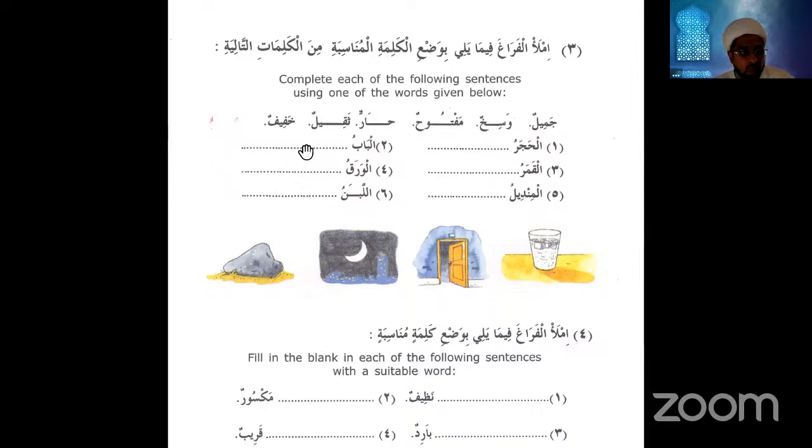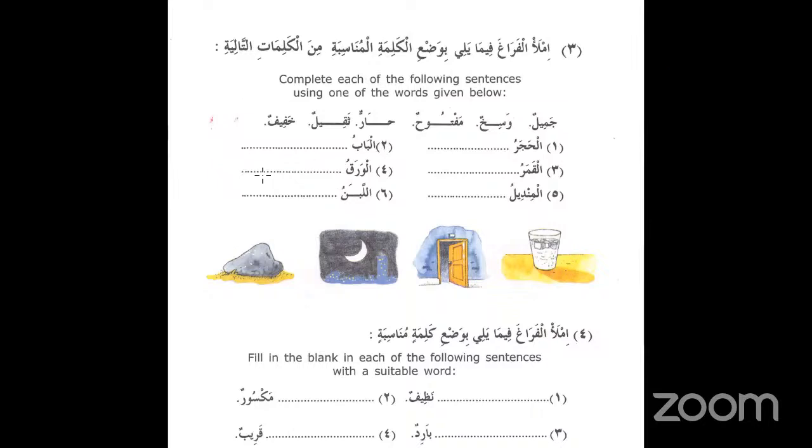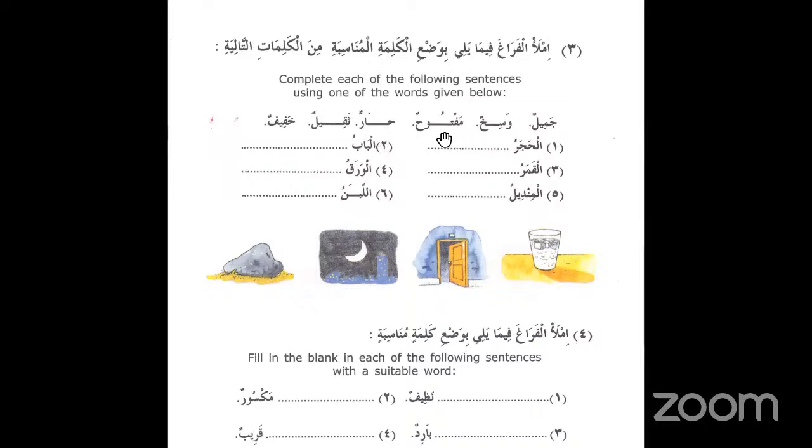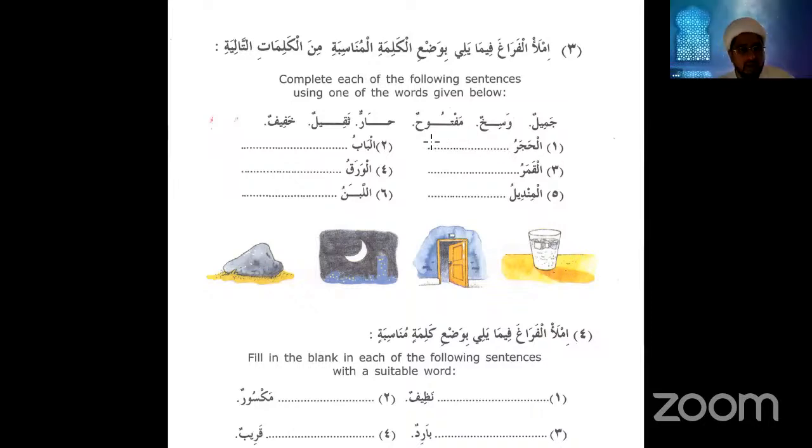Sister, next one, al-babu. Continue that one as well, Akila. Number 2. Al-babu, the door, is something. What should it be? Open. Al-babu maftuhun.